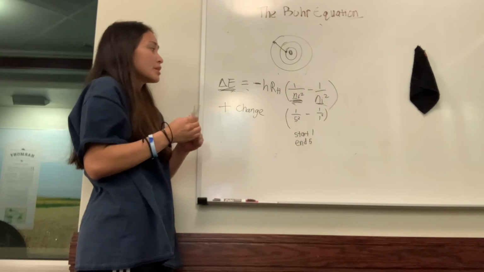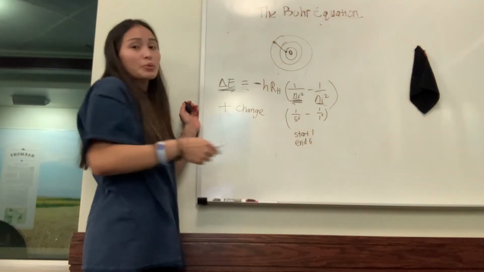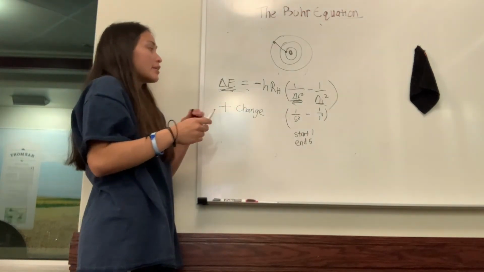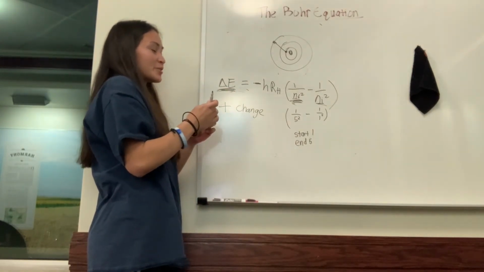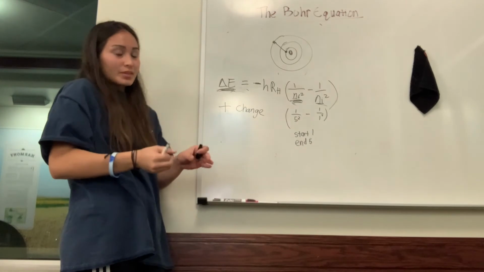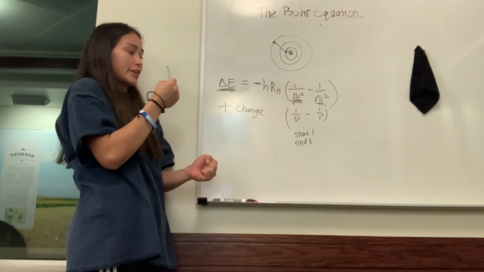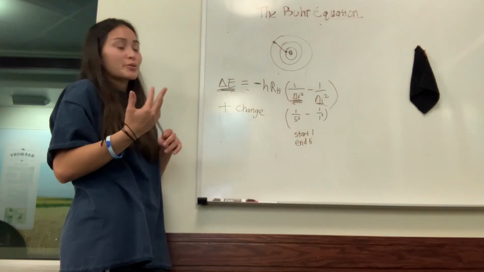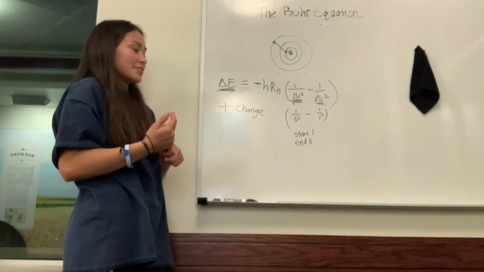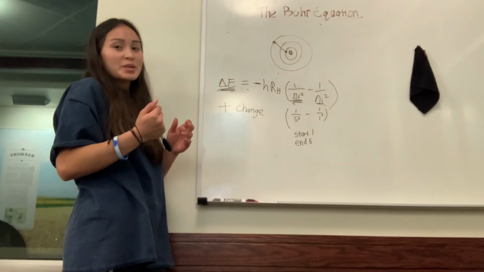So anytime we have a positive change, we're adding photons. That's what it means when the energy change is positive: we're going from a lower energy to a higher energy. And when we're going from a lower to higher energy, that means that we are absorbing.